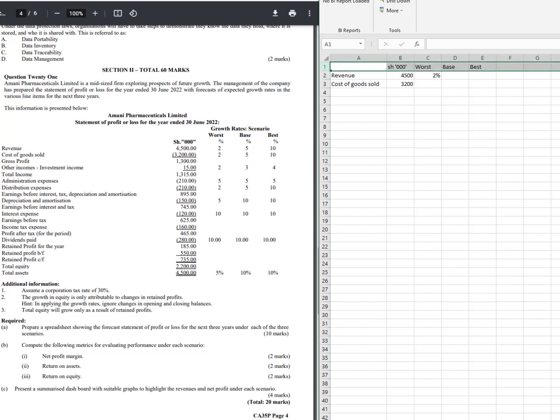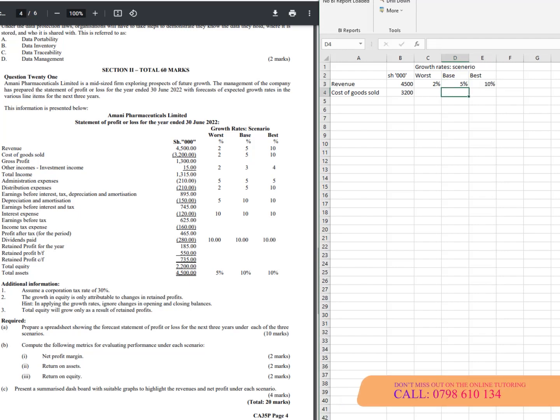So we have 2%. We can insert a column up here, and then we write growth rates scenario. Here we have 2%, 5%, 10%.